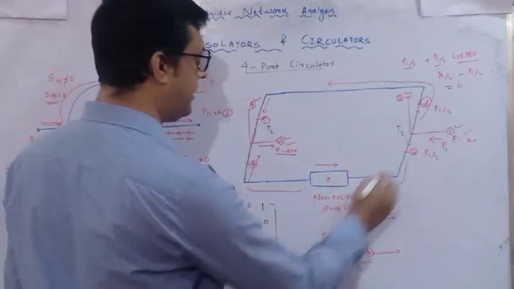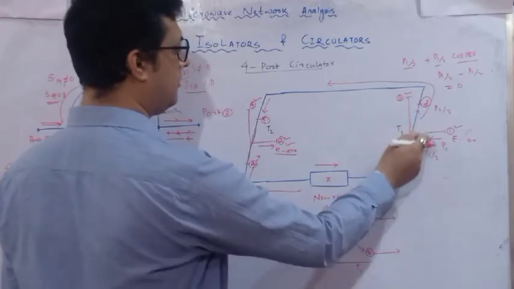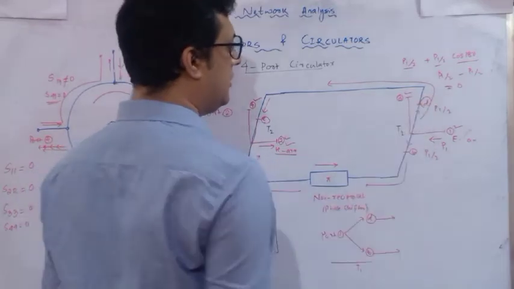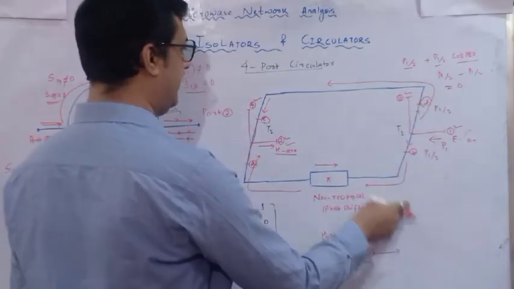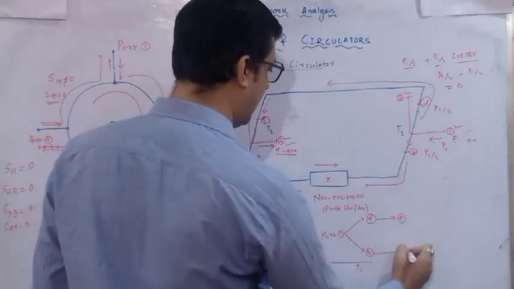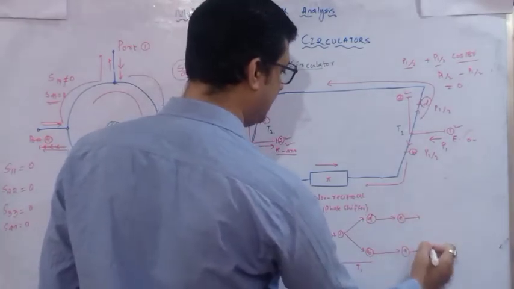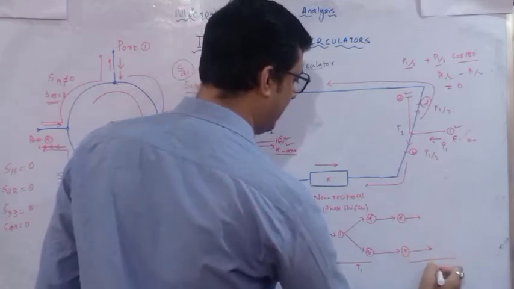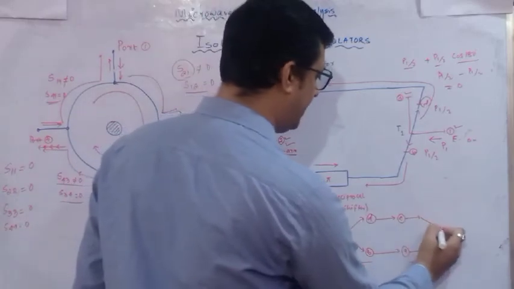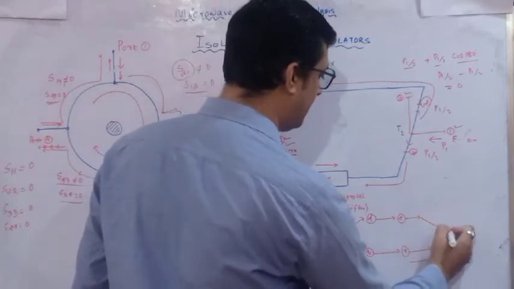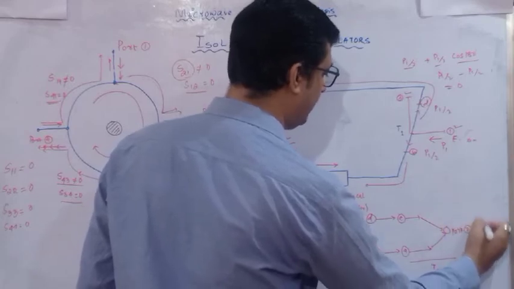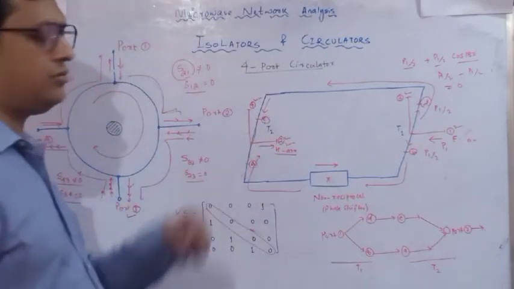So power is fed at port 1, so equal power is available at D and E arm, and then it enters to E arm and A arm of T2, magic T, T2, and it is added up and provided at port 2. So we are getting the output power at port 2.